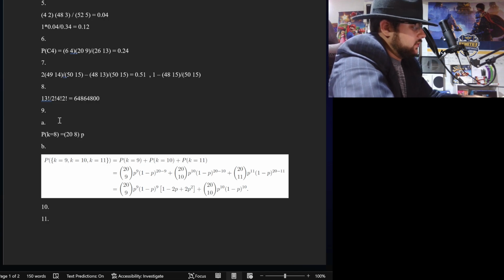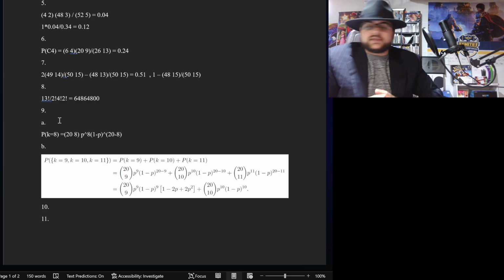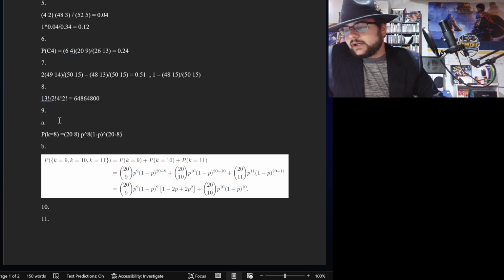P up. 1 minus P. Like this. Up 20 minus 8. All right, so that is the formula for binomial distribution. You should know what that is by going over the chapter, and that will tell you how you get 8 heads and 12 tails.